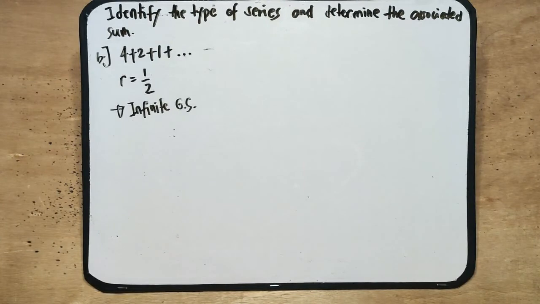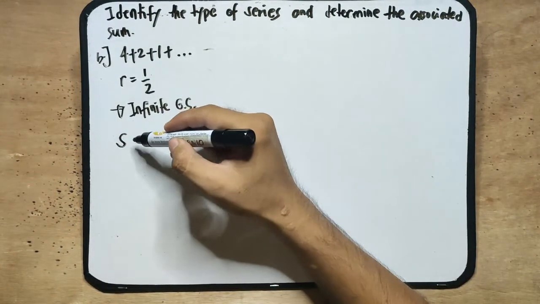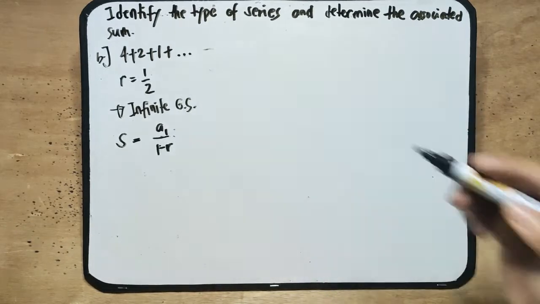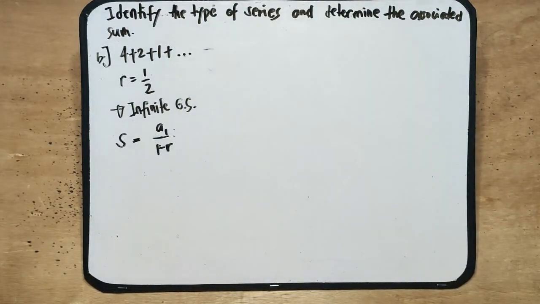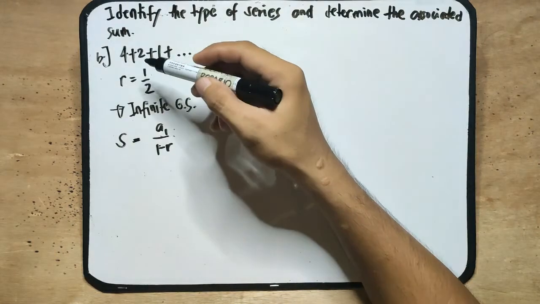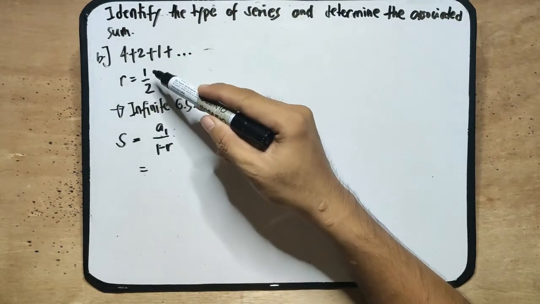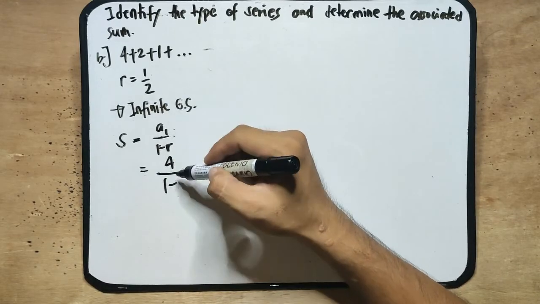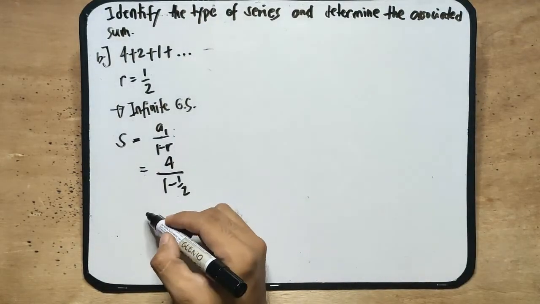So of course it will take the form S is equal to a sub 1 all over 1 minus r. That will be the formula in identifying the sum of the infinite geometric series. So we already have the value of a sub 1, which is 4. So 4 all over 1 minus r, where r is 1 half.